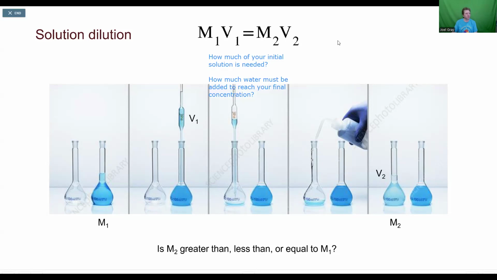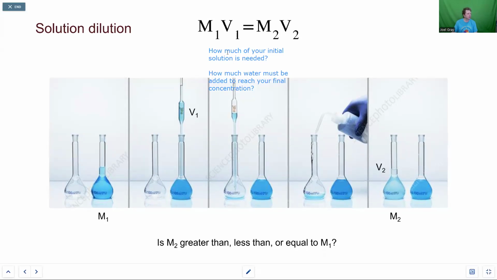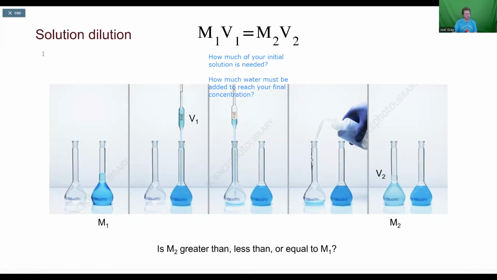So if you had questions like this, how much of your initial solution is needed? Well, that would be 383.3. How much water must be added to reach your final concentration? Well, that's your 117.